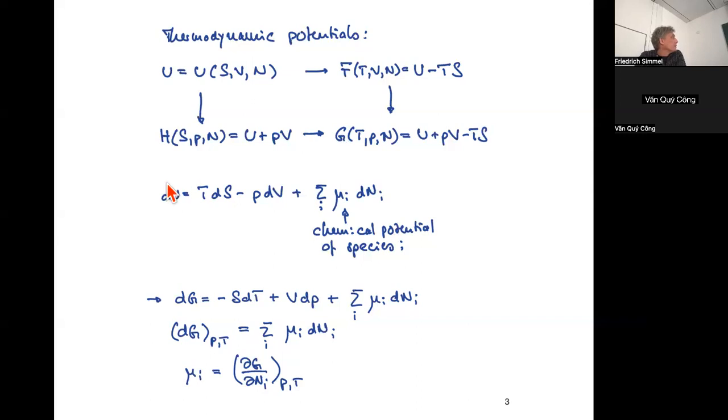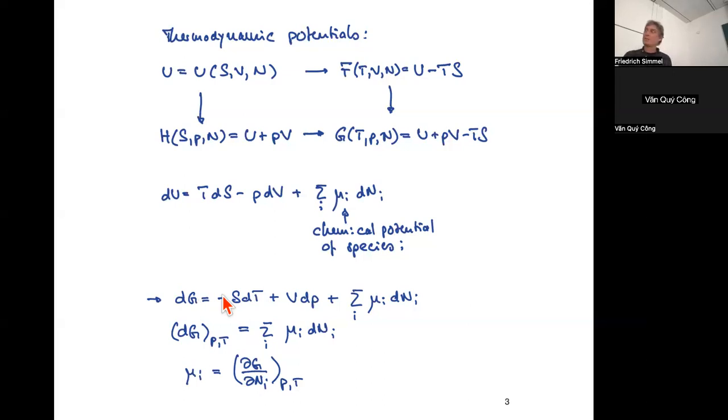And when you write this in a differential formulation, dU is given as TdS minus PdV plus, and you have these chemical potentials if you have a mixture of components. And after this transformation, you get this expression for the differential free energy or Gibbs free energy, and that looks like this here.